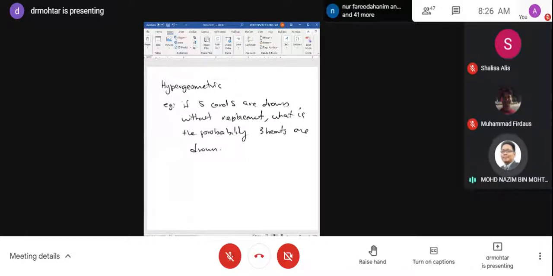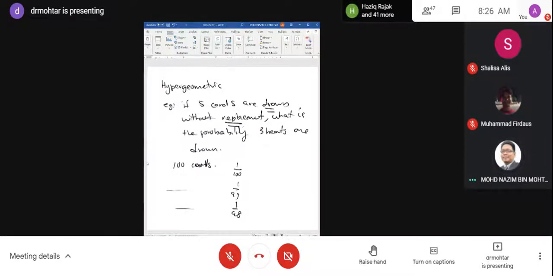For example, if you have, let's say, 100 cards, and you take 5, the first one is one from 100, the second one is one from 99, the third one is one from 98, because the drawn cards are not replaced back into the source.